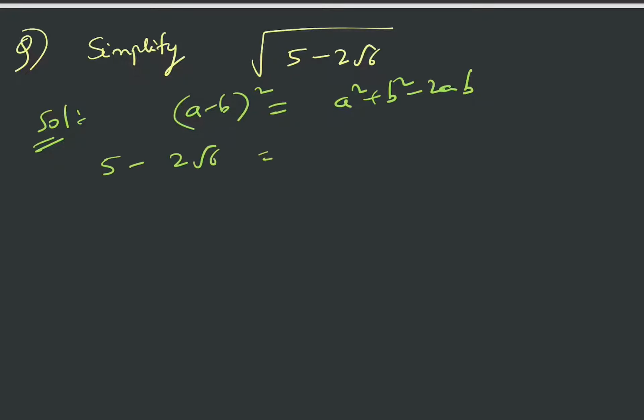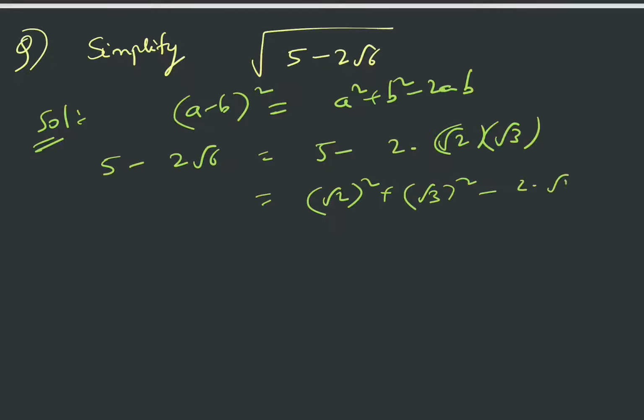So this is 5 minus 2 into root 2 into root 3, right? And I can write this as root 2 whole square plus root 3 whole square minus 2 into root 2 into root 3, right? So this is a square plus b square minus 2ab, so I can write it as a minus b whole square, right?